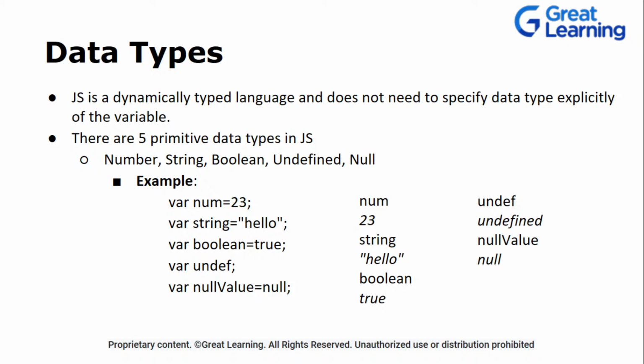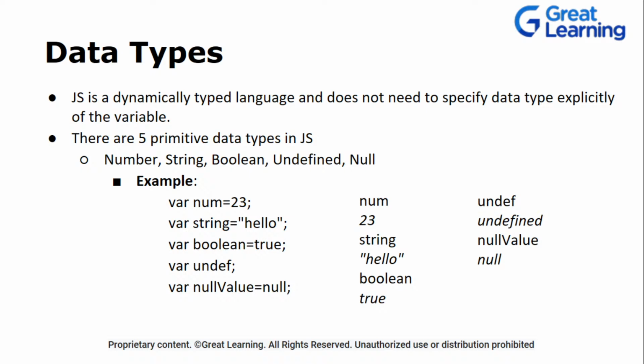In traditional languages, when I define a string or a number like 23, it starts with var. I'm not writing keywords like in traditional languages, such as int x equal to 10, string name equal to something. This is how JavaScript is different from Java.